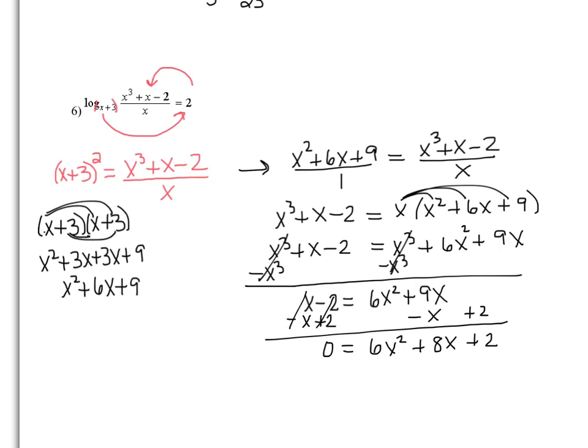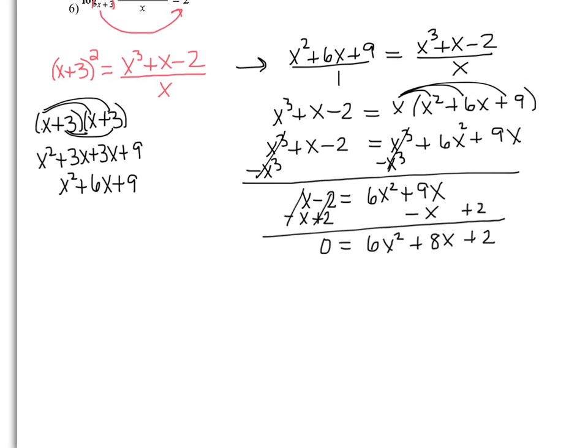I'm going to factor just because I think it's nice to practice that. So the first thing I notice is there's a GCF between the 6, the 8, and the 2. So I'm going to take out a GCF of 2, and I'm left with 3x squared plus 4x plus 1. Now I'm going to factor this inside using earmuff. So just as a refresher, 3x squared times 1 multiplies to 3x squared.